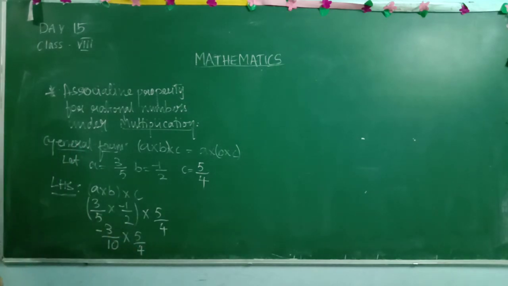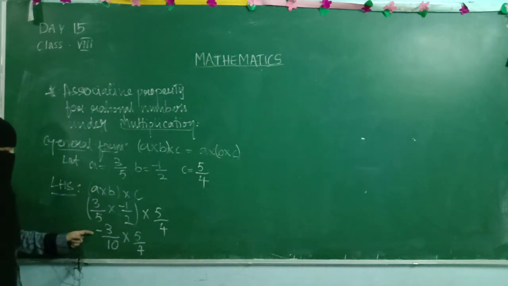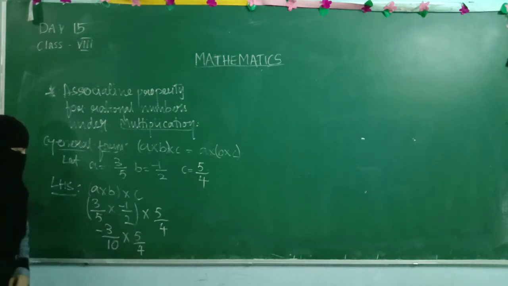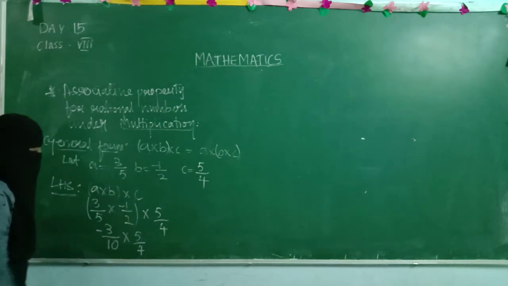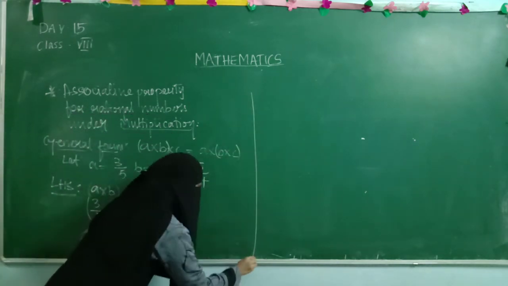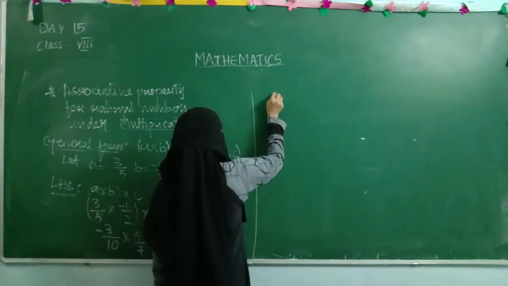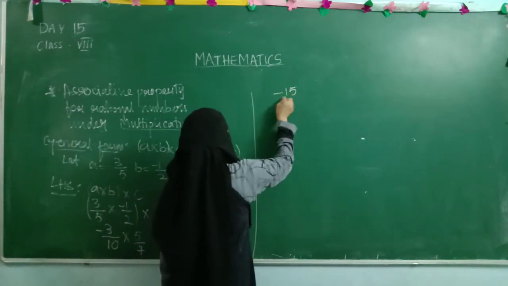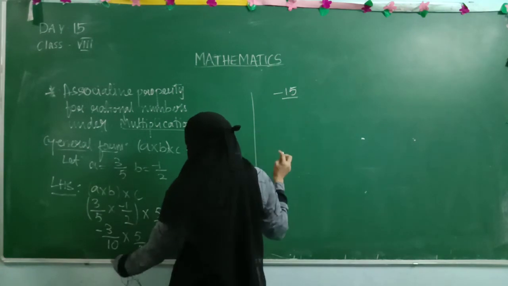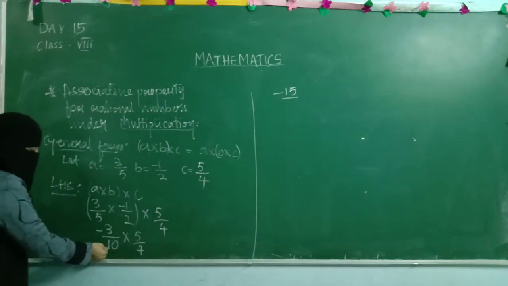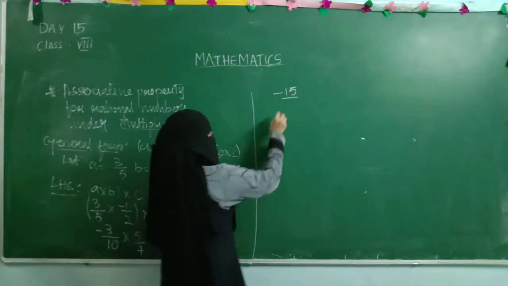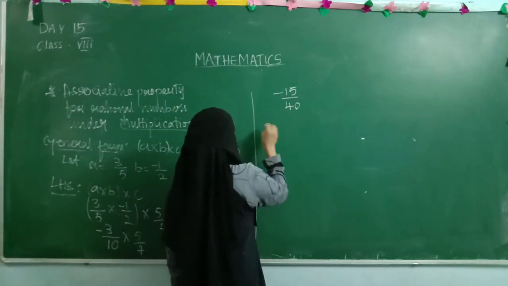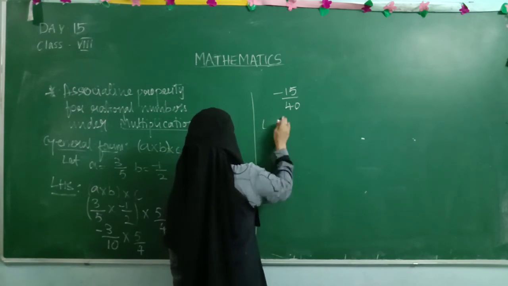Again sign: minus into plus gives minus. Then 3 times 5 is 15, by 10 times 4 is 40. This is your LHS part.